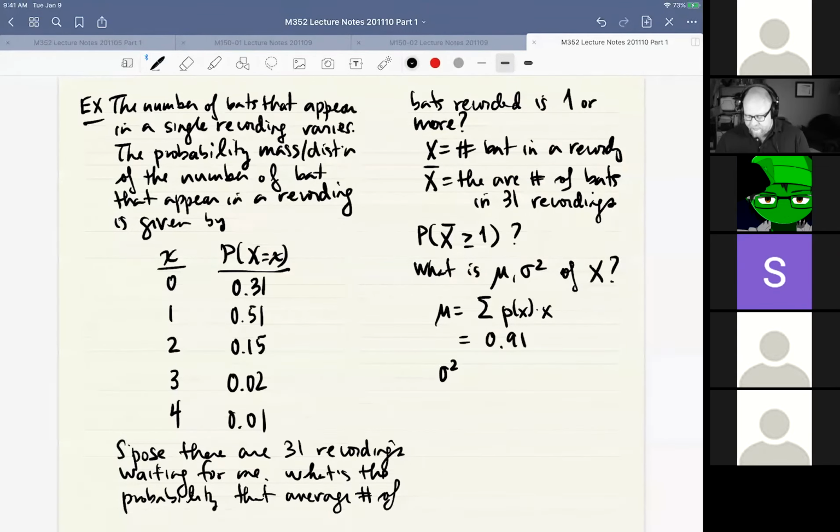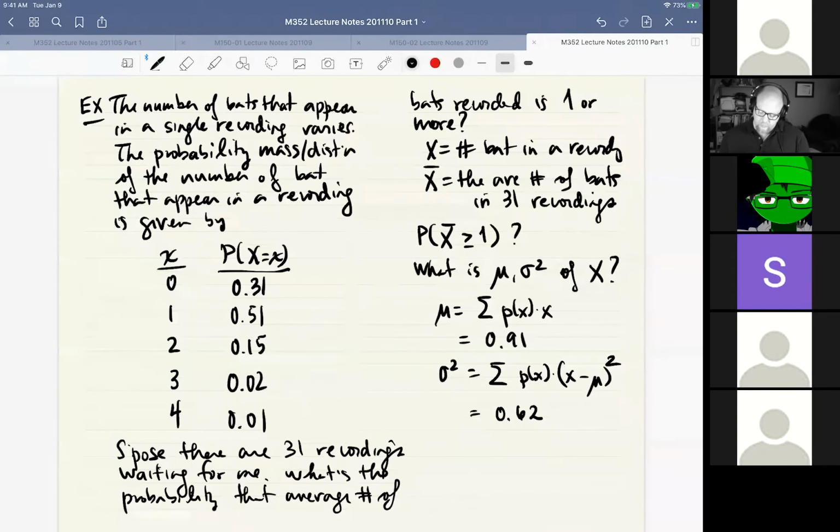The variance is similar: the sum of the probability times the deviation squared. For this data, you get about 0.62.